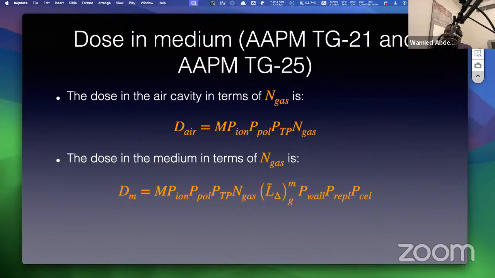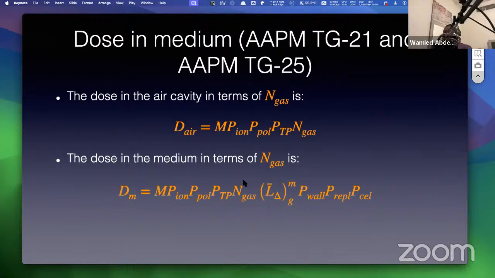But we're not interested in the dose in air. We're still interested in dose in medium. So let's grab this N-gas from the equation, and then we want to convert the dose in air into dose in medium. That's the second equation on the second or third slide.